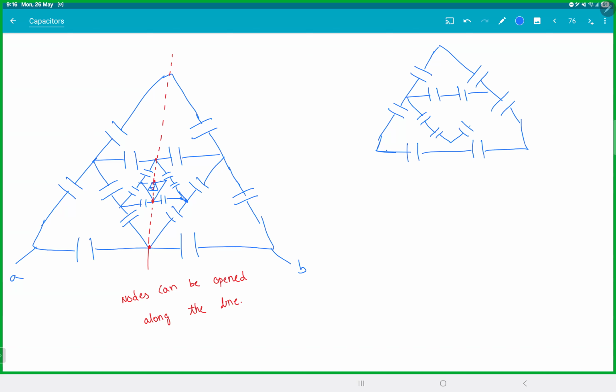There, now it won't touch it. Now it won't touch here. So now you can argue both are same.